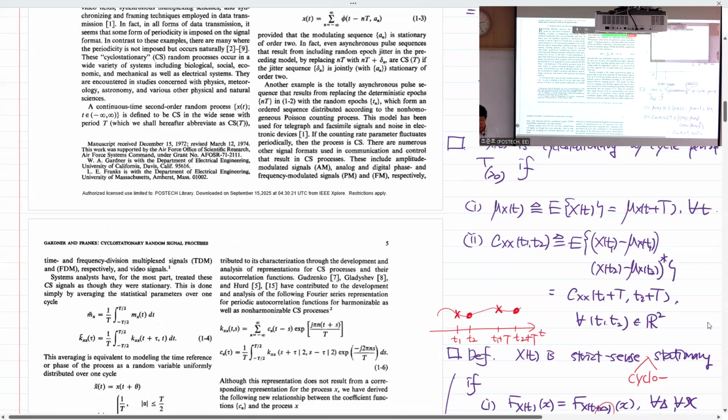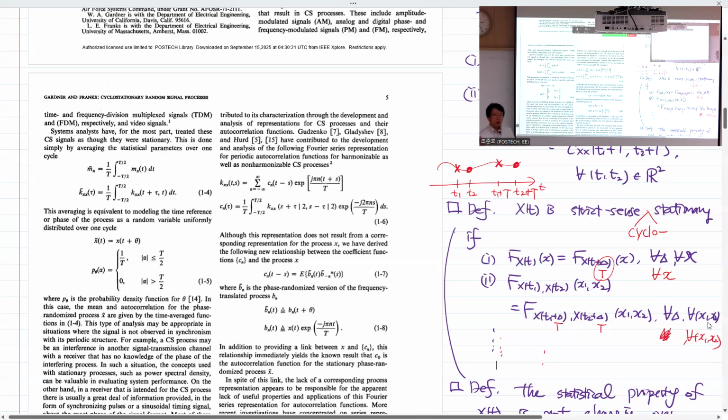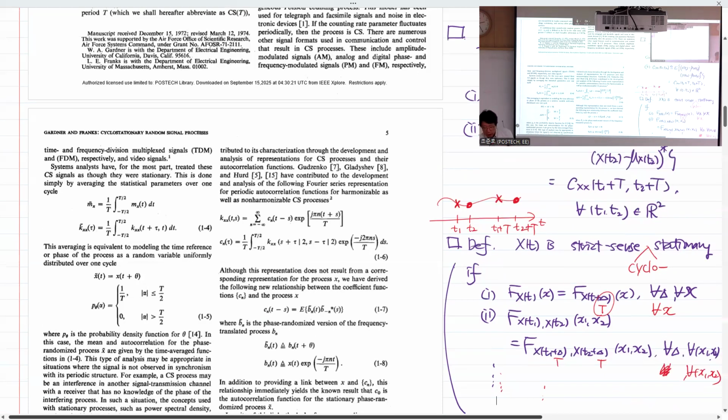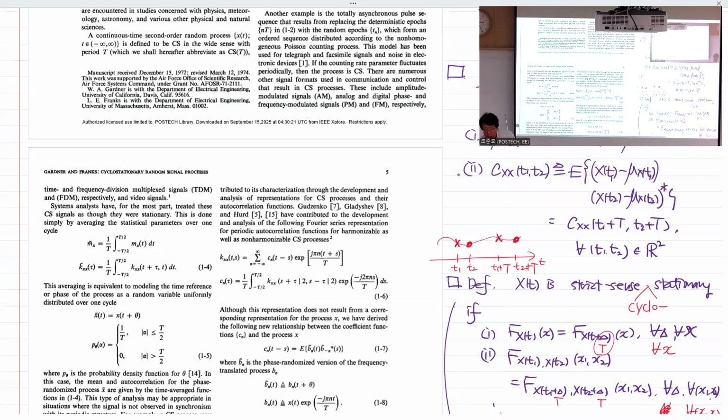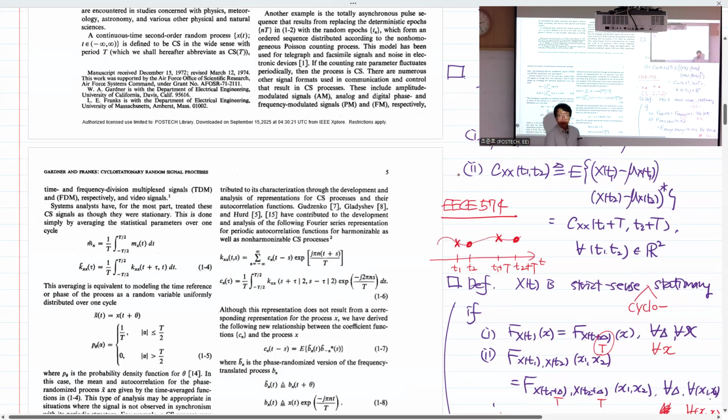So everybody gets me? Okay. So if you have no idea about Kolmogorov's extension theorem or existence theorem, I strongly recommend you go to my homepage and find the teaching tab and find this course, ECE 574, Probability and Random Processes. You may find a Korean version and also an English version.